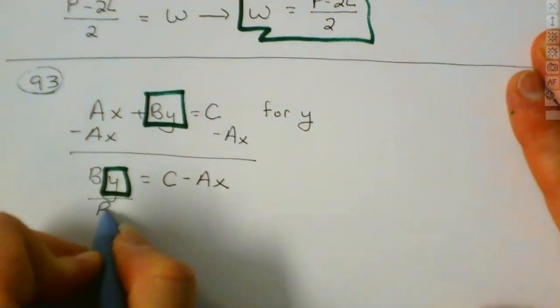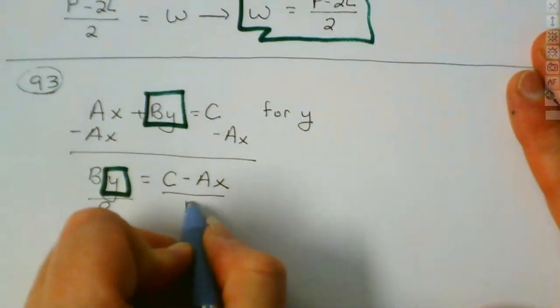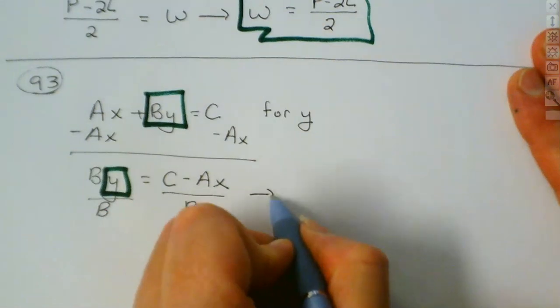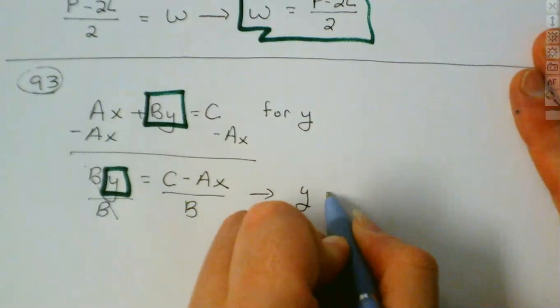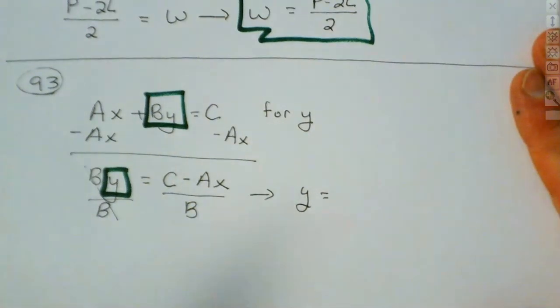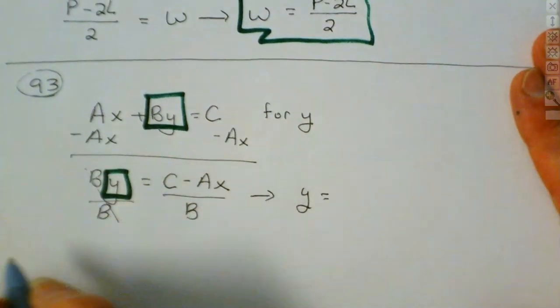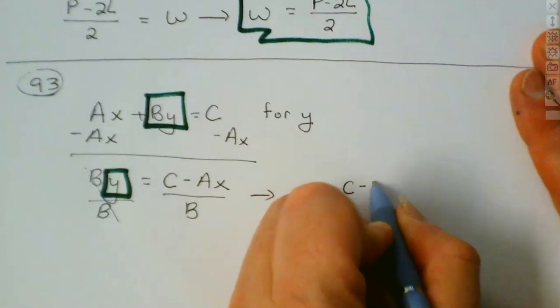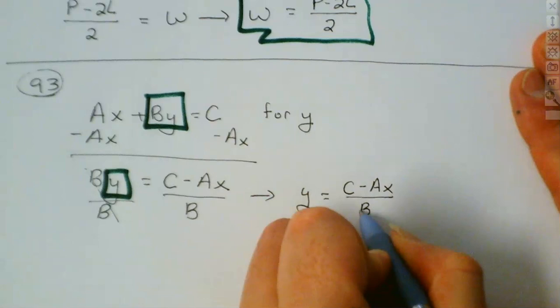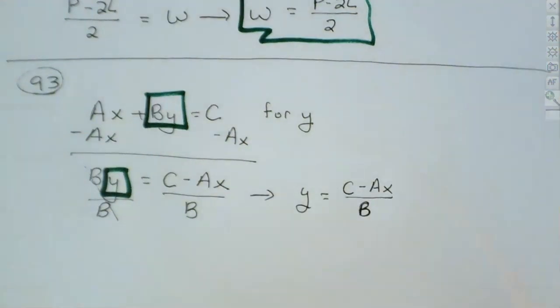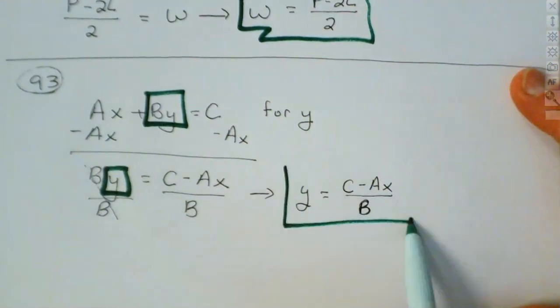So we divide by the B there. Okay. And what does that give you? Well, the B's now cancel. So now we have y equals, which is what we want. Right? We are solving for the variable y. So y equals now C minus AX over B. And that's it. And we leave it exactly as it is.